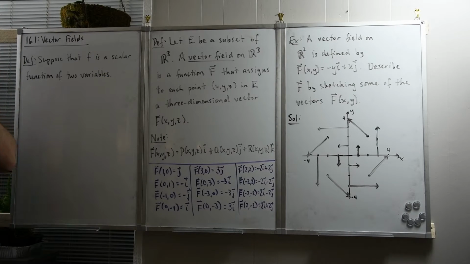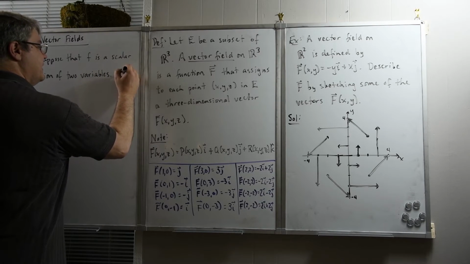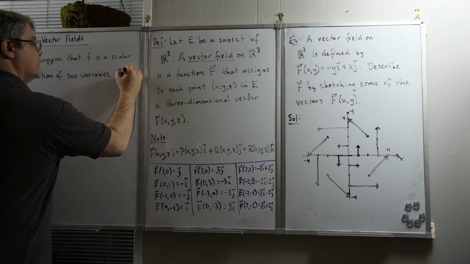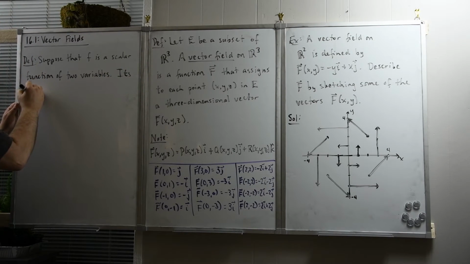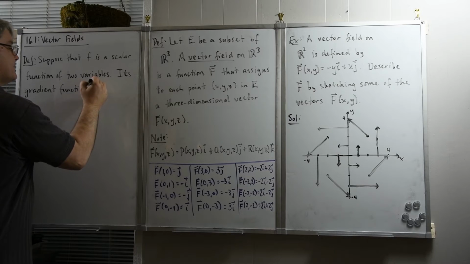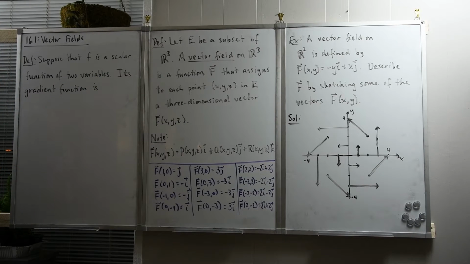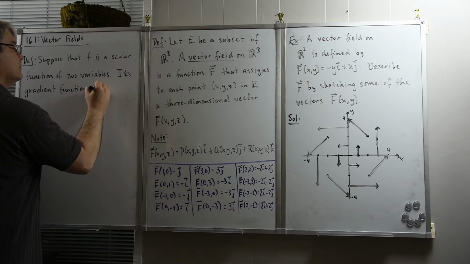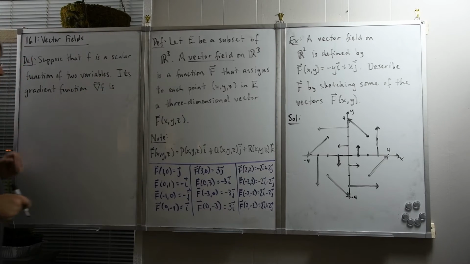So here we're going to suppose that little f is a scalar function of 2 variables. Now, remember, from a while back, we took a look at this idea of a gradient. So the gradient function, you might recall, is defined by the following.